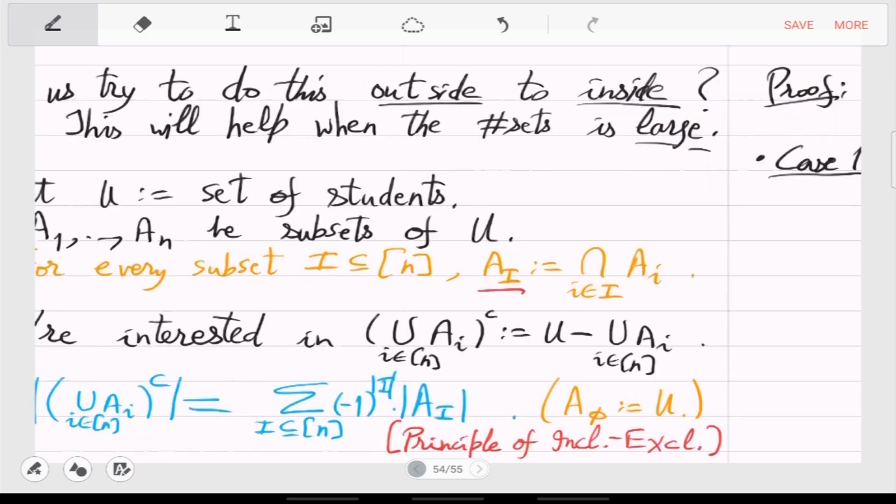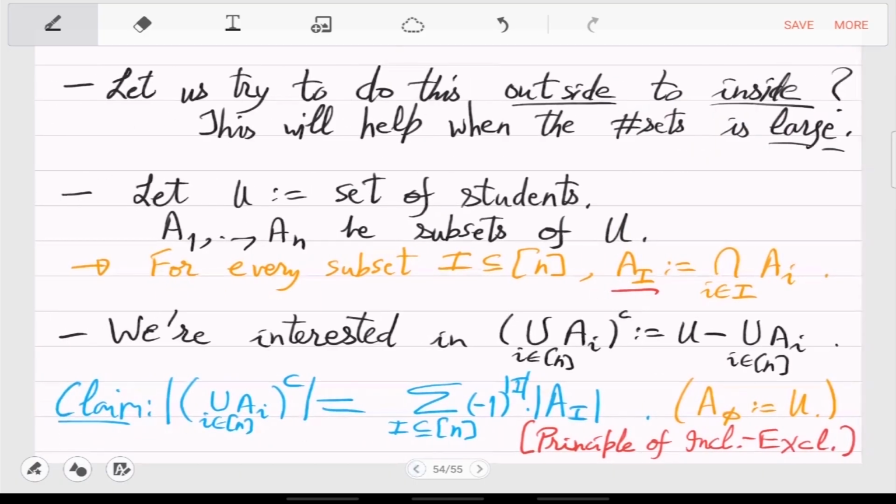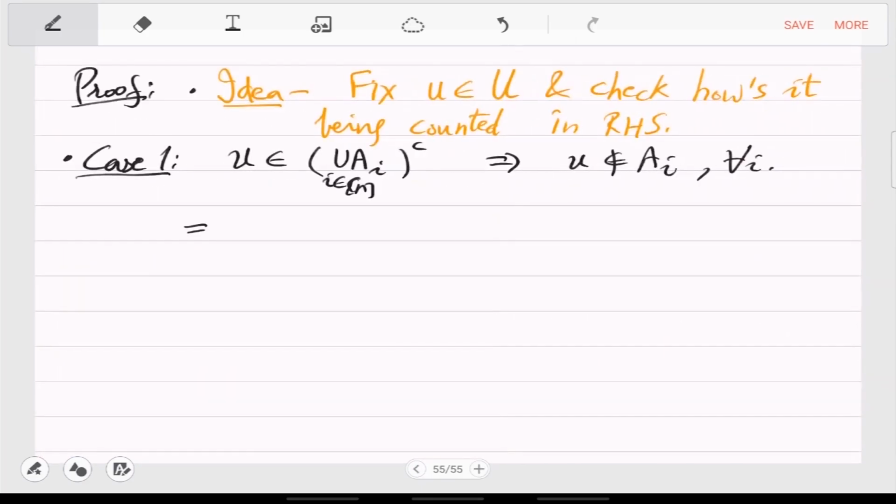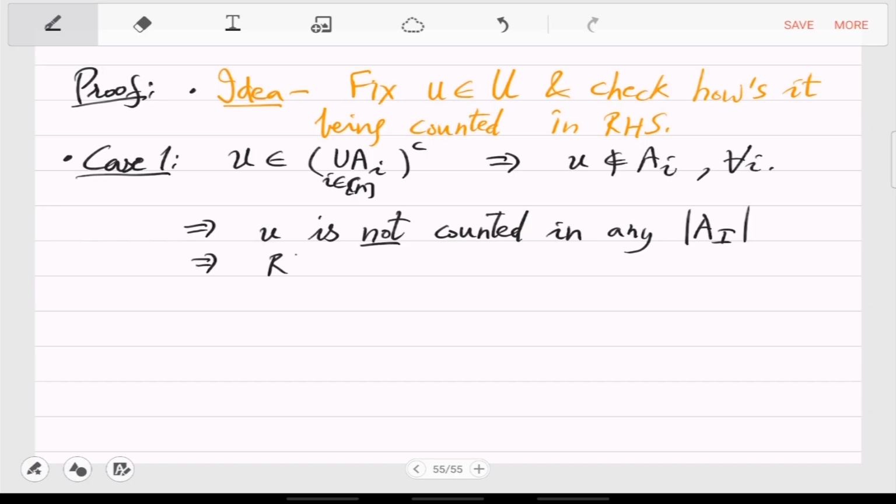If it is not present in any of the A sub i's, then it cannot be present in any of the A sub big I's. So in the RHS, none of the cardinalities is counting the small u. So everything is 0. This is the easy case. So the RHS count is 0.